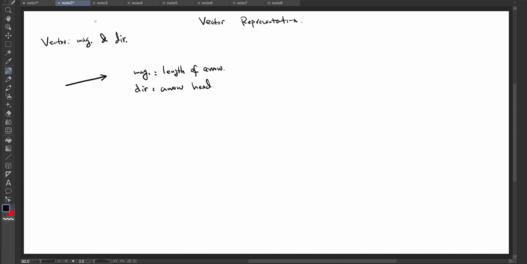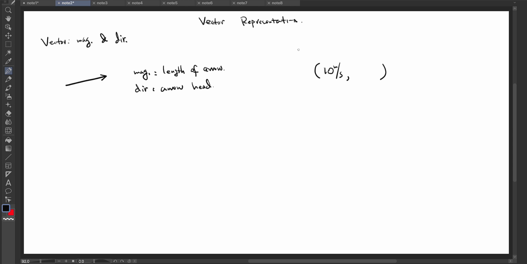Now, another way of representing a vector is by this symbol here, by two numbers inside a parenthesis. So on this side, the left side of the open parenthesis, we have a number, let's say 10 meters per second.